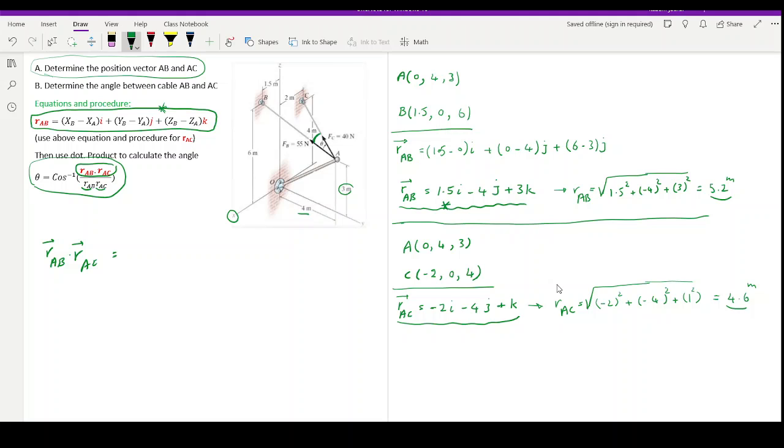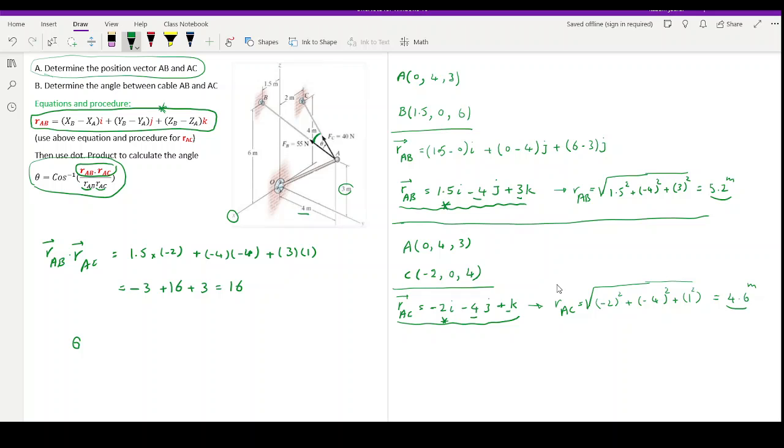So 1.5 from here, negative 2 from here. So 1.5 times negative 2 plus negative 4 from here and negative 4 from here. So negative 4 times negative 4 plus K component 3 times 1. So 3 times 1, and that's going to be negative 3 plus 16 plus 3, and it's equal to 16.